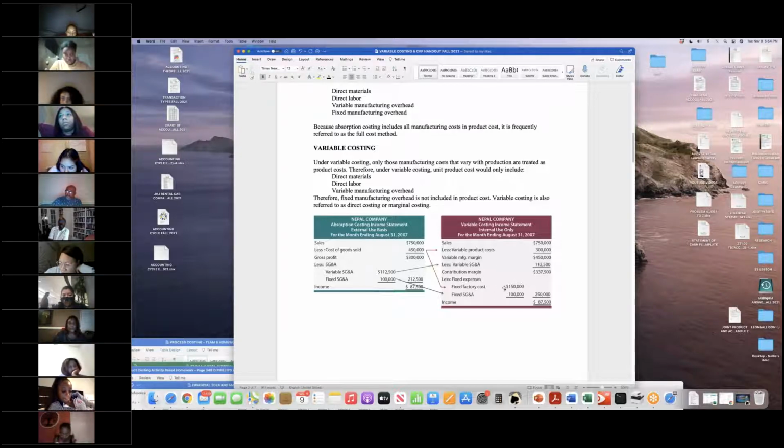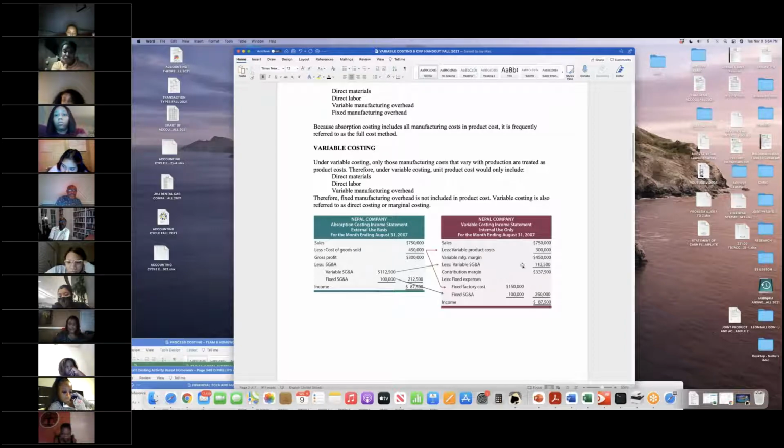Then the fixed costs are going to be down here. So we subtract variable costs to get contribution margin, and fixed costs to get the net income. When we're planning on products, how many we're going to make and what we're going to sell them for, we use this model. The other model is what we use after the fact to show the public. We don't want the public to know what our variable and fixed costs are and how we do it.